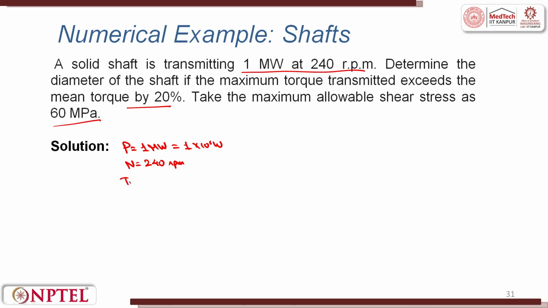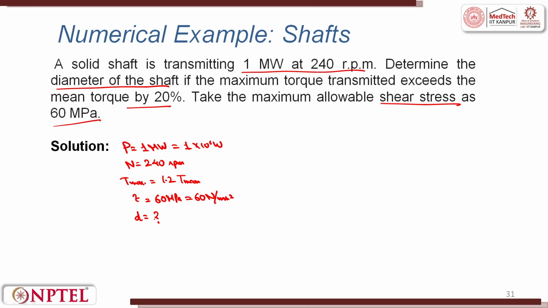Then it says T maximum is 20% exceeding, that is 1.2 times the T mean, and we have been given the allowable shear stress, that is value of tau as 60 megapascal, which is equal to 60 newtons per millimeter square, and we need to find the diameter of the shaft. Diameter of the shaft is what is to be found.